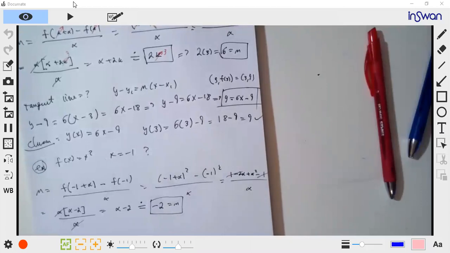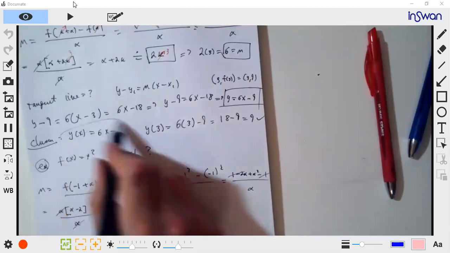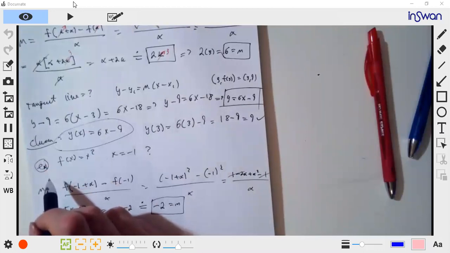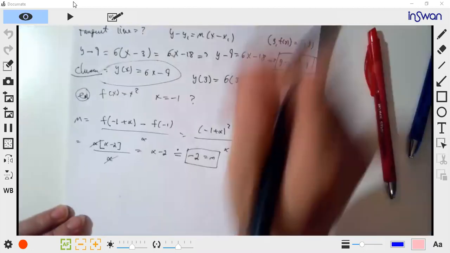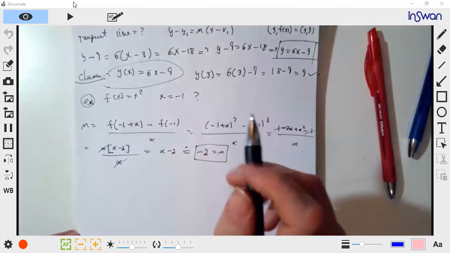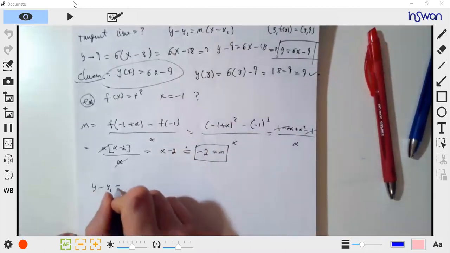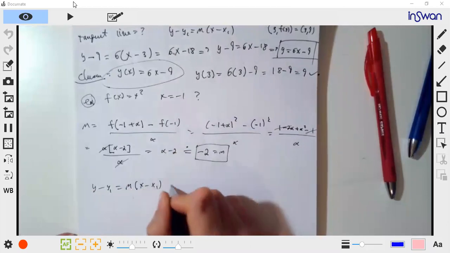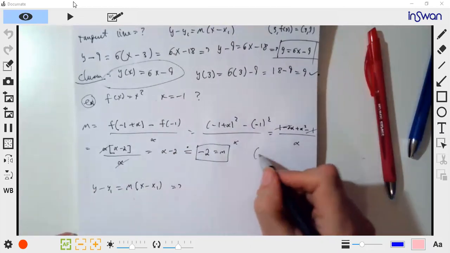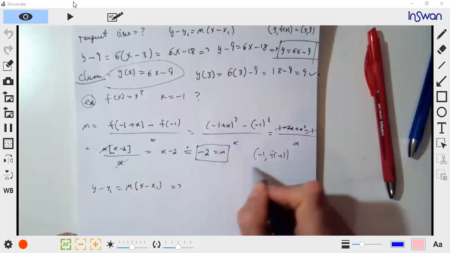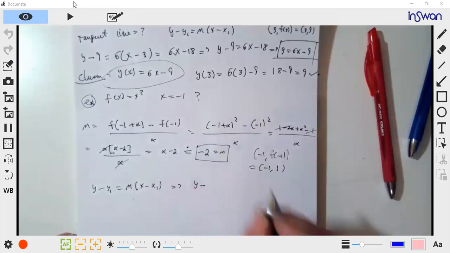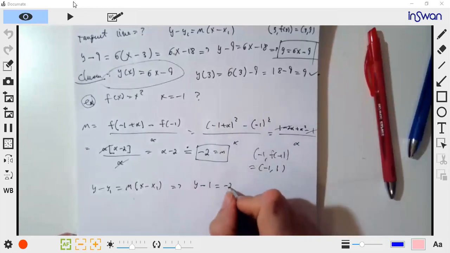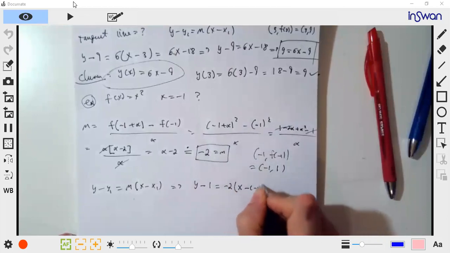Okay. Notice, if we knew that this was the equation for the slope of the tangent line, we could create a new tangent line here. The new slope of the tangent line at this new point, x equals negative 1, is going to be different. So y minus y1 is equal to m times x minus x1. What's a point? Well, negative 1 and f of negative 1, negative 1 and 1, is a point on the curve. So we get y minus y1 equals slope times x minus x1.